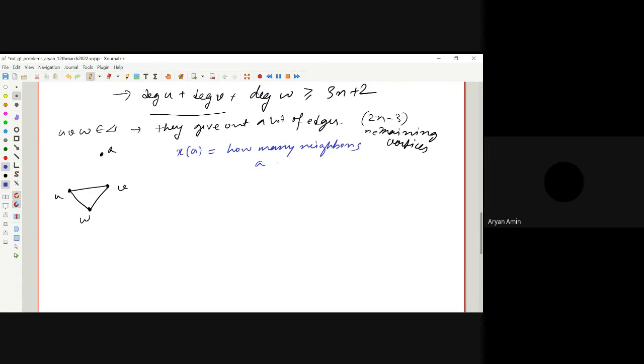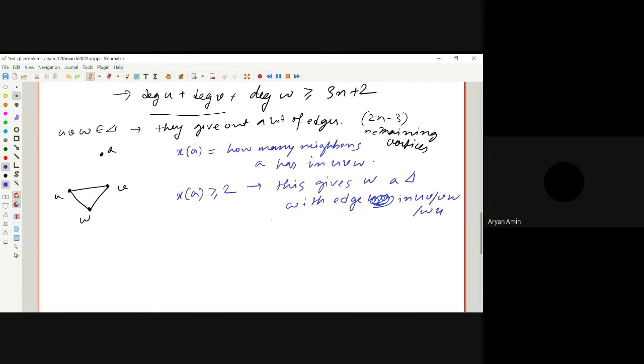We say that a vertex is a neighbor of another vertex if it is connected to it by an edge. So how many neighbors does A have in UVW? Whenever X of A is greater than or equal to 2, this gives you a triangle with an edge in UV or VW or WU, which is not UVW.